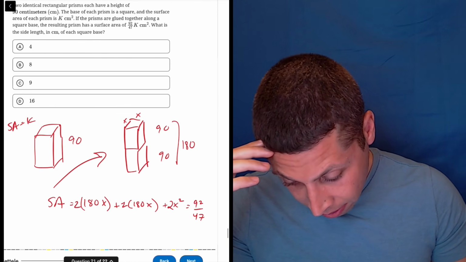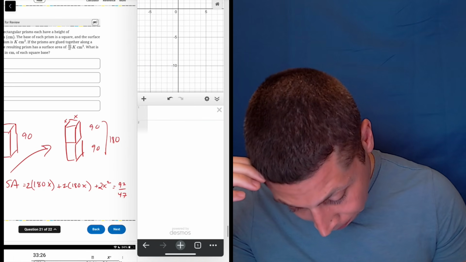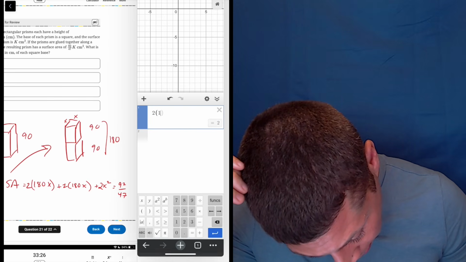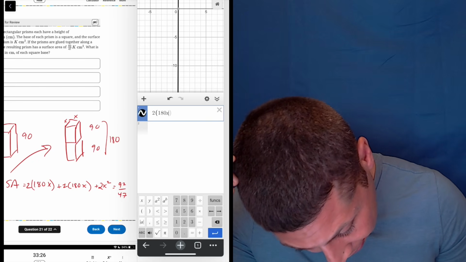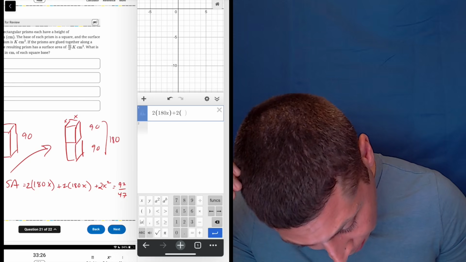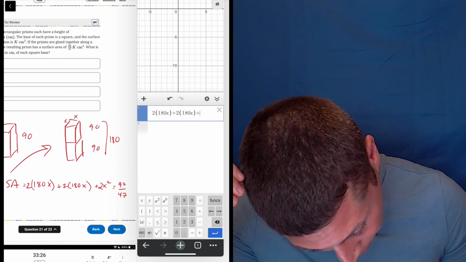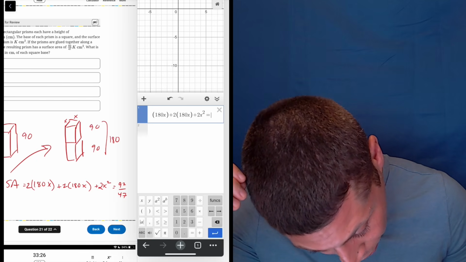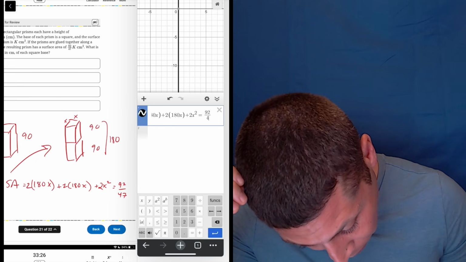What is the side length? Okay, so we're just solving for x. I think the calculator can help me here. So 2 times 180x plus 2 times 180x plus 2x squared is equal to 92 divided by 47.